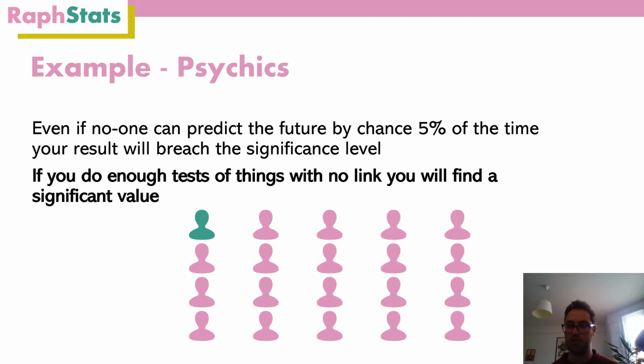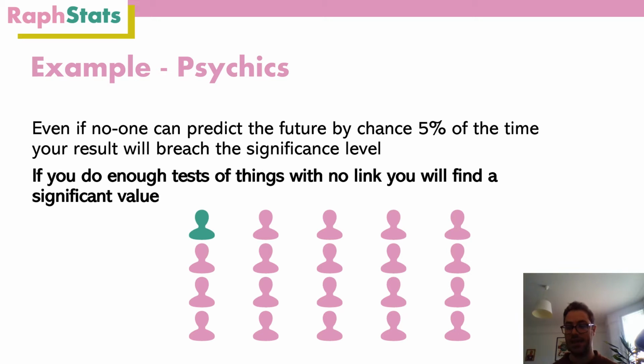But of course, we're not doing that test once, we're doing it 20 times. And actually, if you do the maths, the chance of finding that at least one of these people is significantly different, and therefore potentially declaring, oh, this one is psychic, the rest aren't, we found statistical significance for them, is 65%.